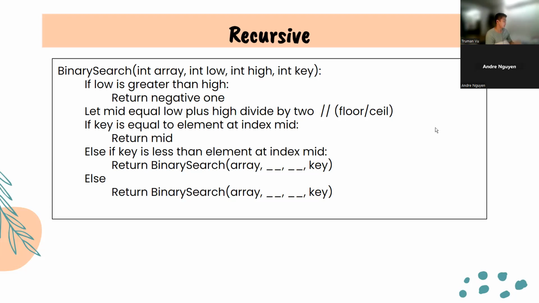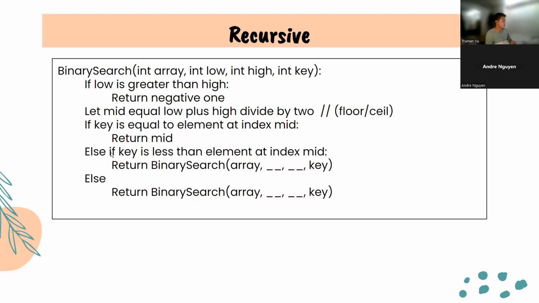And the rest is the same-ish, right? You still have one variable, mid, where you set it equal to low plus high divided by 2, round down or round up. If key is equal to element at index mid, return mid. We still have these conditions. All the conditions are the same, but what we do after the conditions is still a bit different.